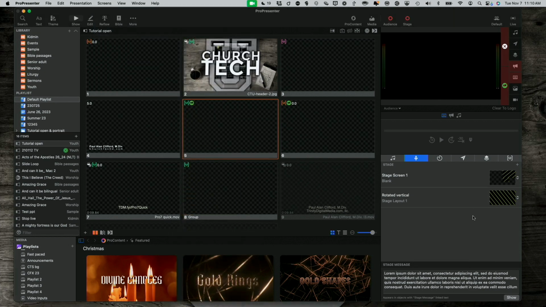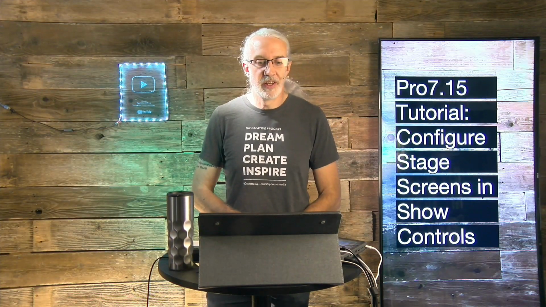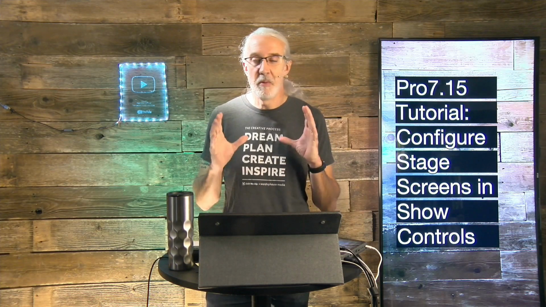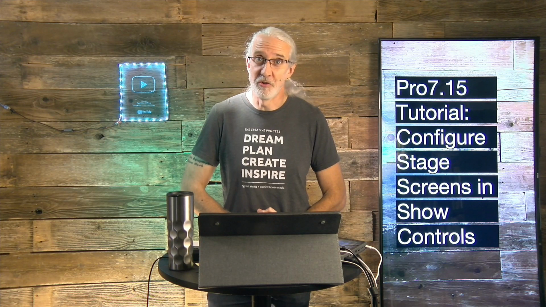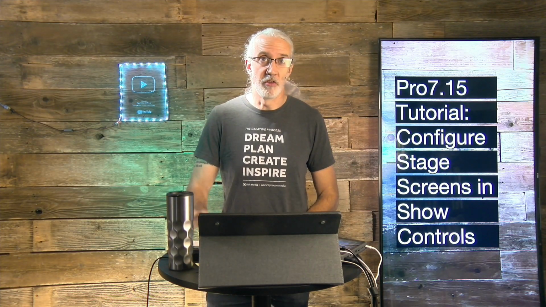You can do all of that from this section right here, so that'll save you a little bit of time. So that is the new configure stage screen portion of the stage screen controls in the show controls area in ProPresenter 7.15.